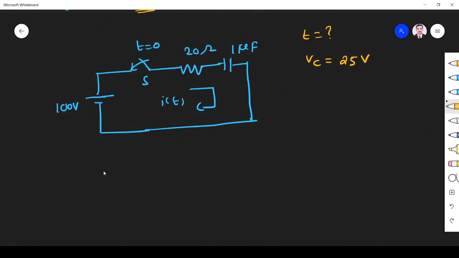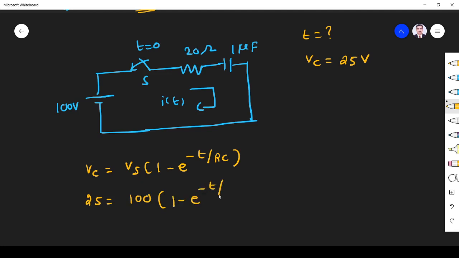We know in RC transient the voltage across capacitor is given by Vc is equal to Vs (1 minus e power minus t by RC). Vc they have given. What is Vc? Vc is 25 volt. Vs is 100 supply volt. 1 minus e power minus t. R is 20 ohm.